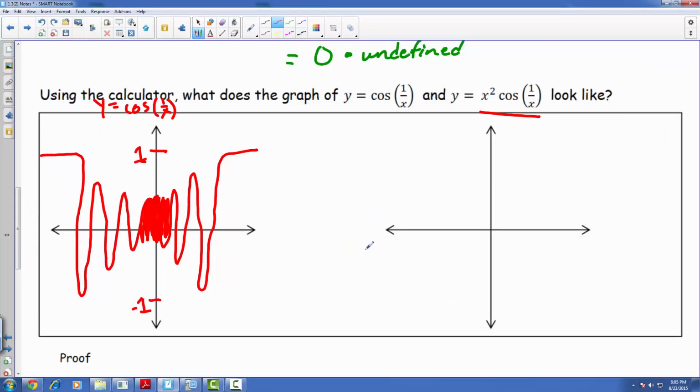So we should have something that looks like, do a little bit of a resketch on the right side.